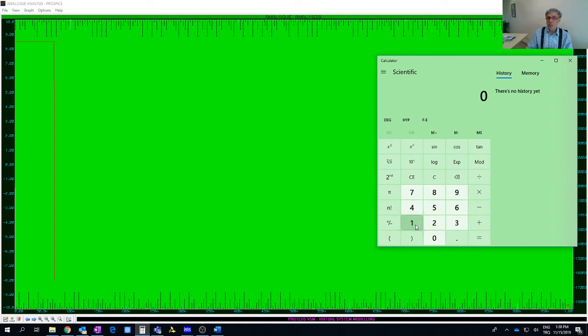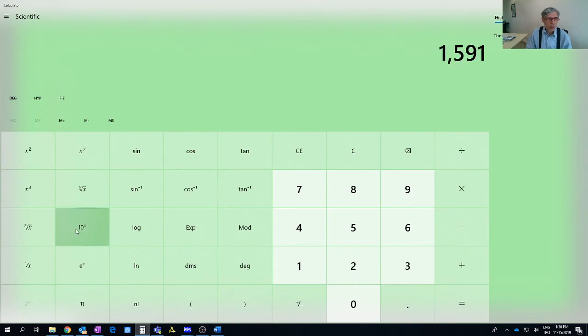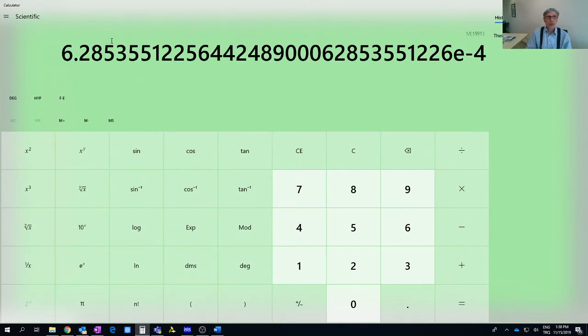So 1591, inverse of this. Where is this inverse? I'll make it capital. Inverse is this. What you see, that number here, is 10 to the power minus 4. That means 0.62 millisecond.